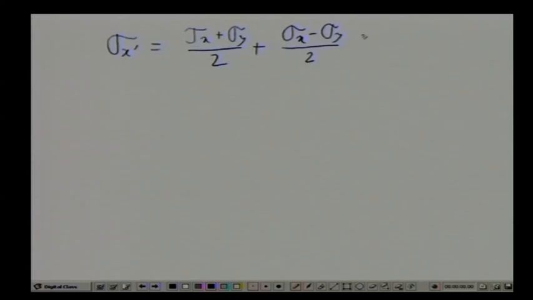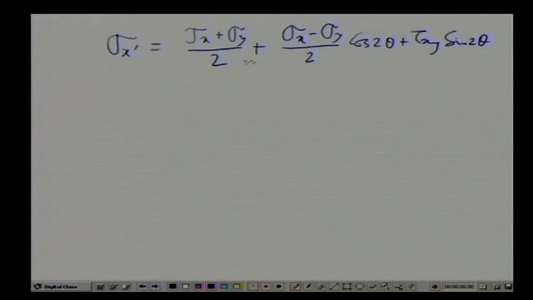Now, we have obtained that the normal stress on a plane, sigma x dash, which is at an angle of theta, is equal to sigma x plus sigma y by 2 plus sigma x minus sigma y by 2 cos 2 theta plus tau x y sin 2 theta.